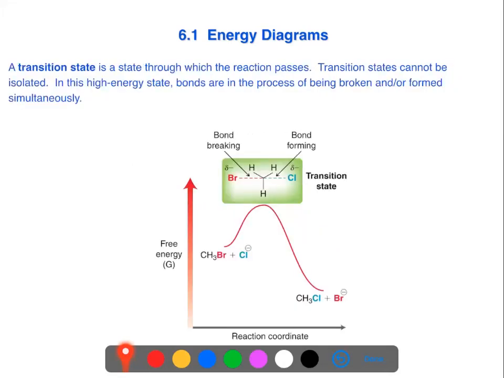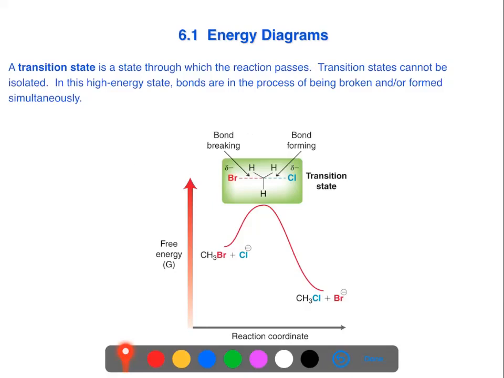So a transition state is a state through which the reaction passes. And as we saw, that can be simply from reactant to product, as shown in this energy diagram, or in the last figure, that could be between two intermediates, a reactant and intermediate, or an intermediate and a product state.